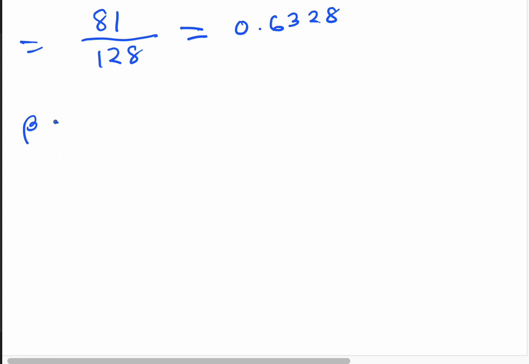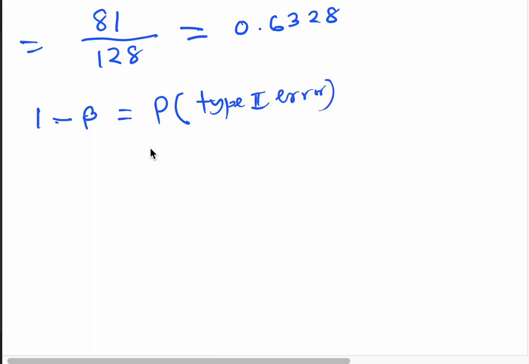Beta is the power, so 1 minus beta is the probability of the second type of error. Type 2 error means accepting the null hypothesis when it is wrong, that is, when the alternative hypothesis is true.